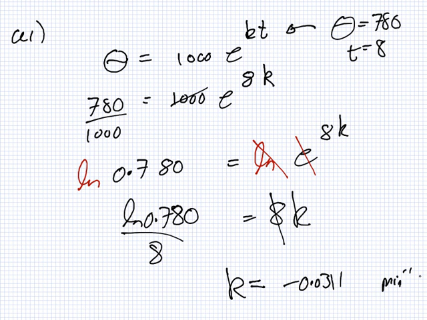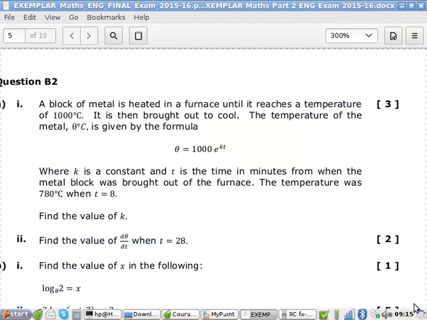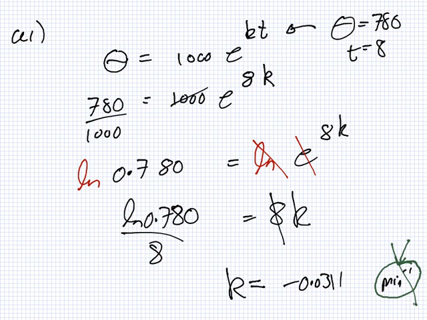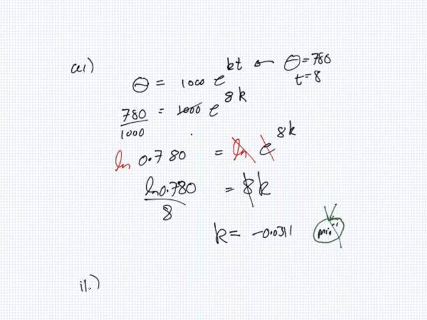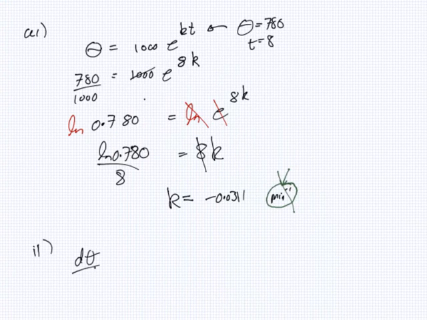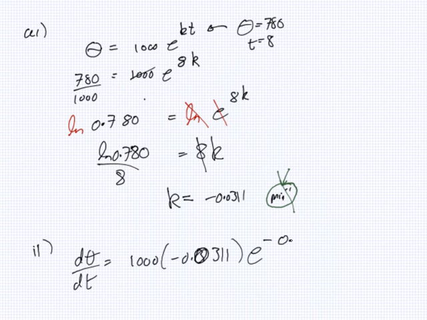Now, in fact, for this question, I know for a fact that they didn't give you any marks for writing that. So don't worry about that. You should have the units in, but don't worry. And the next one is pretty easy. Find the derivative at 28. So the derivative is just d theta/dt, bring down the power, and then just keep the power there.